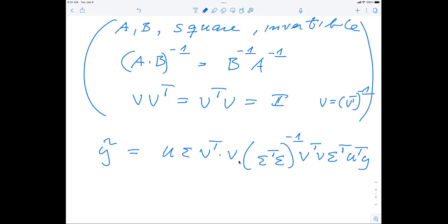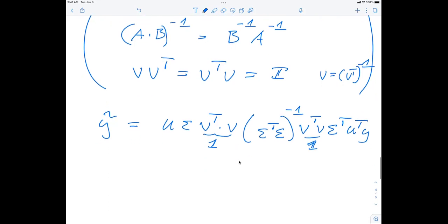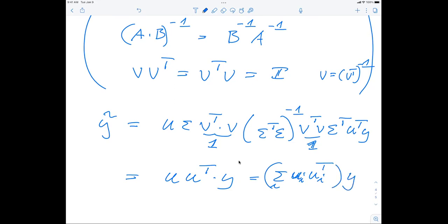And then I can use the orthogonality relation, so this gives me the unit matrix, this gives me the same, and then in the denominator I have Sigma times Sigma transpose, so these cancel each other. So what I end up with is U times U^T times y, and then I can write it out in terms of the vectors of the matrix. So this is given by a sum of the column vectors of the matrix, u_i u_i^T, multiplied with the vector y.